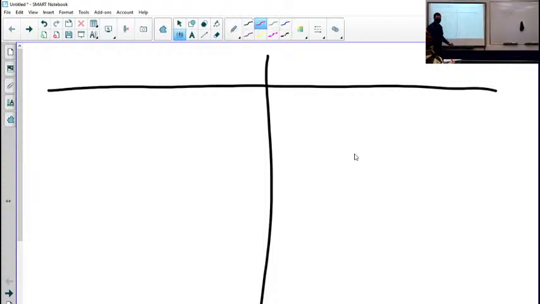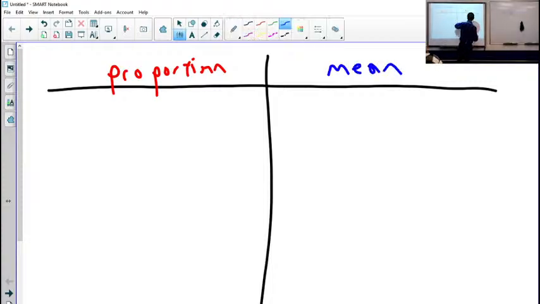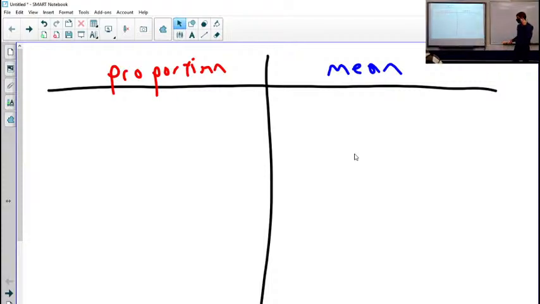First off, you need to determine whether you're given a proportion or whether you're given a mean. Proportions, usually it's going to give it as a decimal between 0 and 1, and that's your p or p hat, or it's going to give a certain number of the people surveyed out of the total number of people.